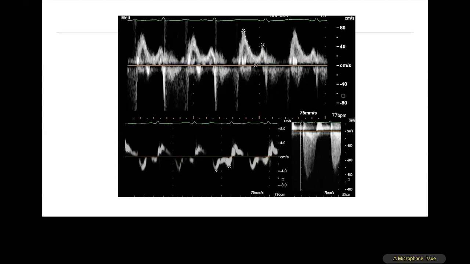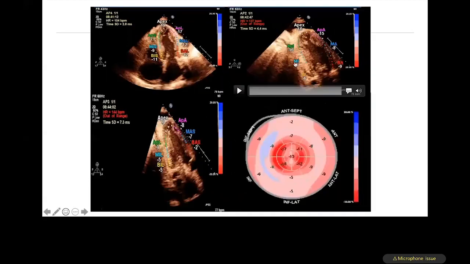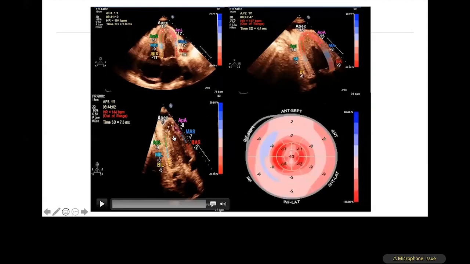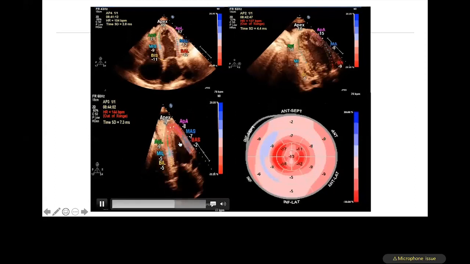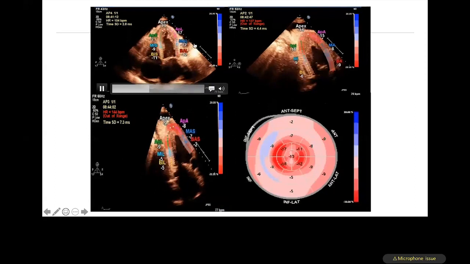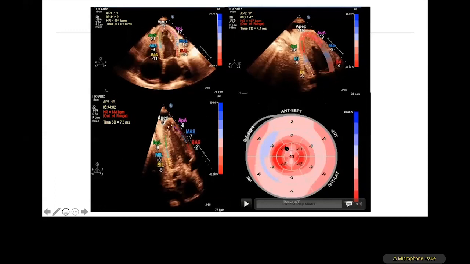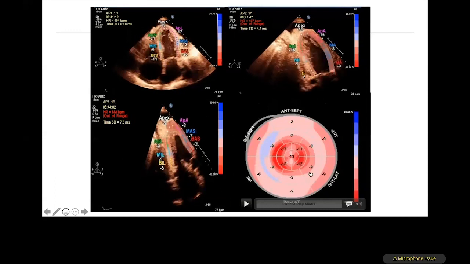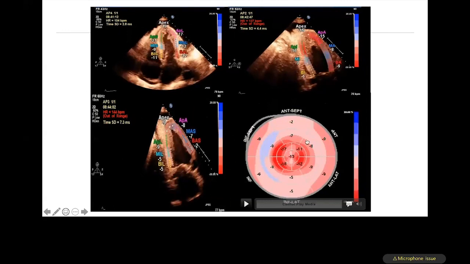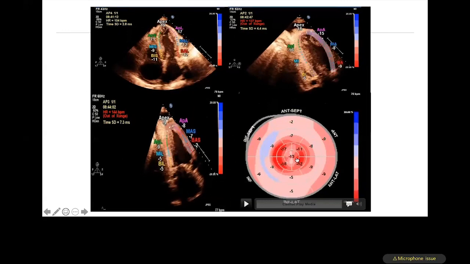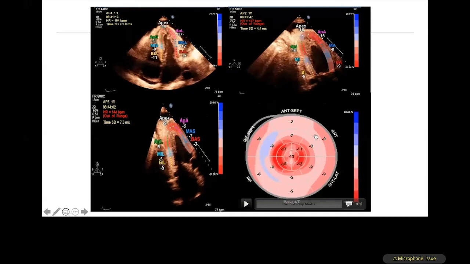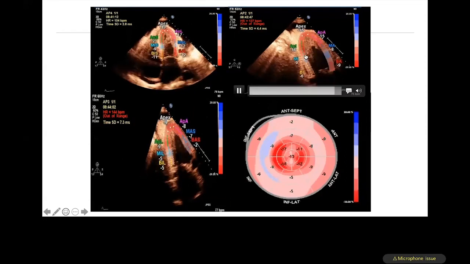And if you do strain in this particular patient, you're looking into the deformation in the four chamber view. And what you see here is a very markedly attenuated performance. If you look at the overall picture, there is a cherry on the top, and the numbers are really, really pale. So this is a markedly attenuated longitudinal function.